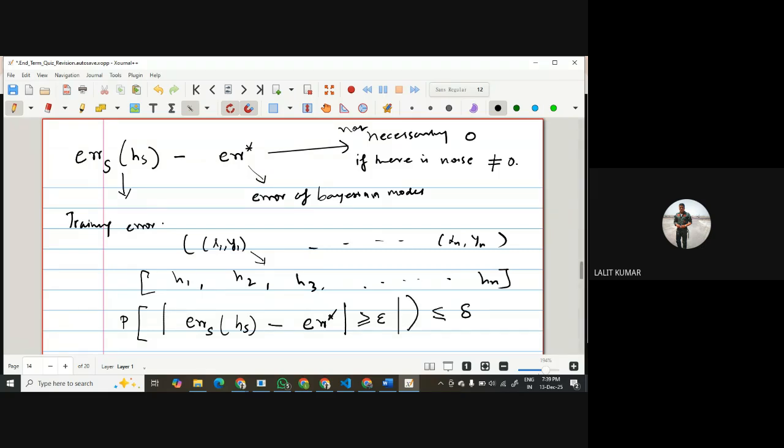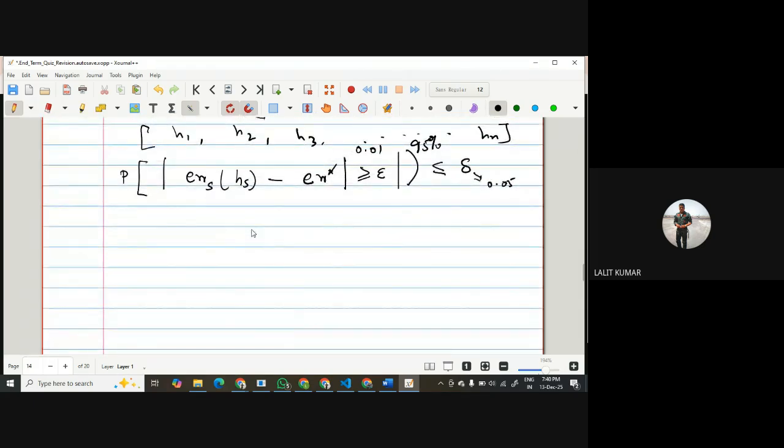I want to keep a bound, and this is the probability assurance. So if I say 95% assurance, then this delta becomes 0.05. And I say that the difference between these two errors is not more than, for example, 0.01. So for that, what do I do?